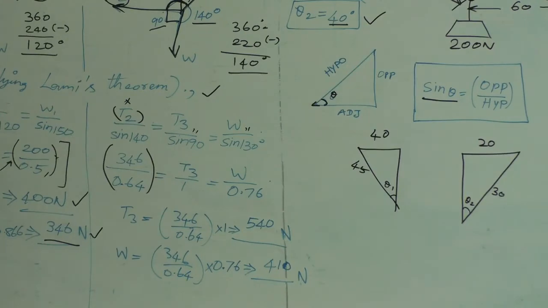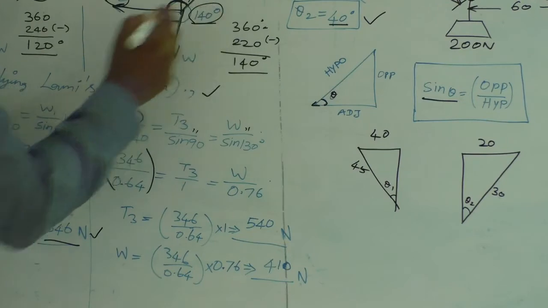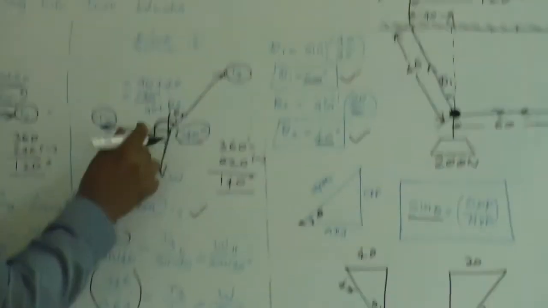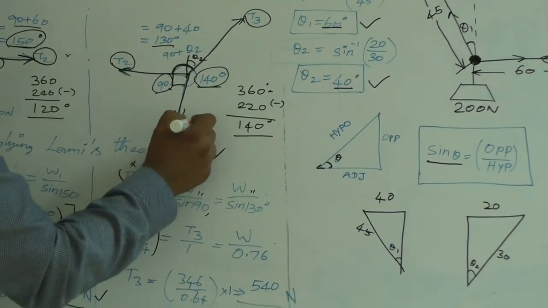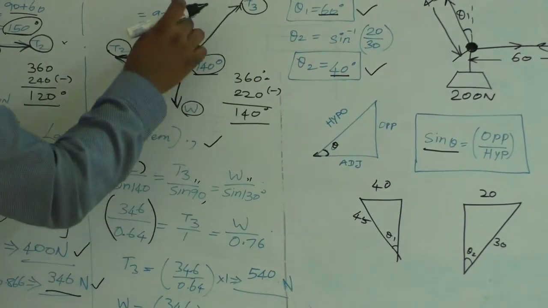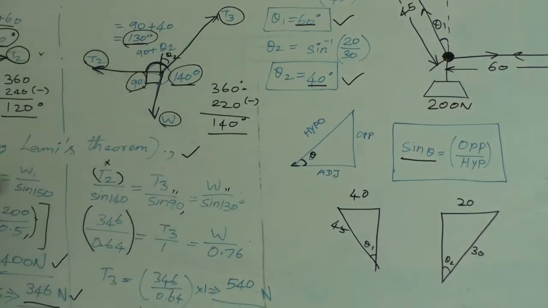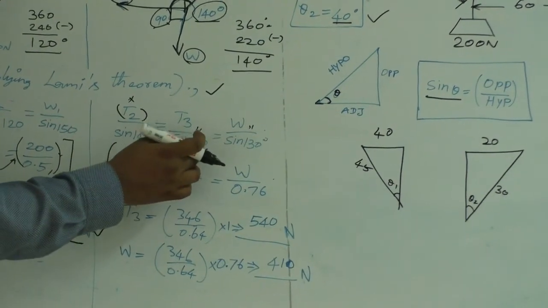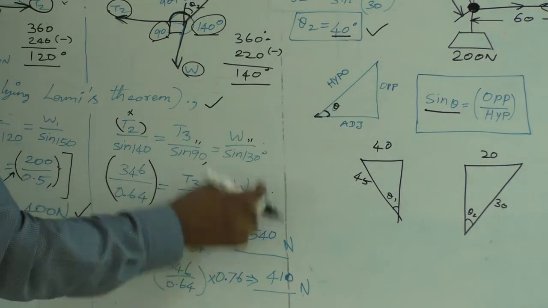The sine 140 came because the angle opposite to T2 is 140 degrees. The angle opposite to T3 is 90 degrees, sine 90. The angle opposite to W is 130 degrees, so W divided by sine 130. The value of sine 140 is 0.64, the value of sine 90 is 1, and the value of sine 130 is 0.76.